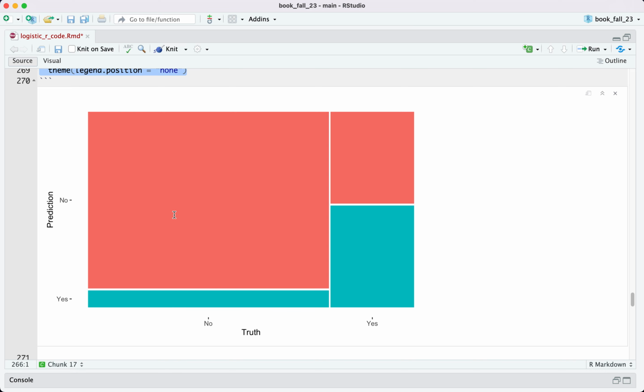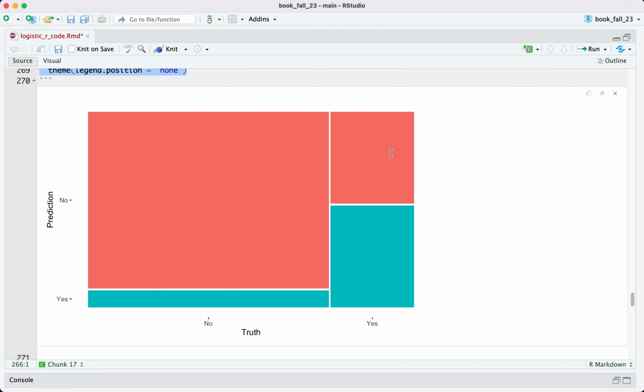What it's doing here is coloring all of the no predictions as red and all of the yes predictions as blue or green. Now if we look in the yes truth column, that breaks down the days on which it actually rained, which we can see in size are smaller than the days on which the truth was no rain, meaning there were more days that it didn't rain than that it did.